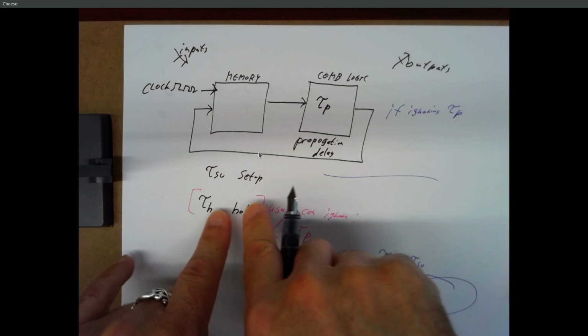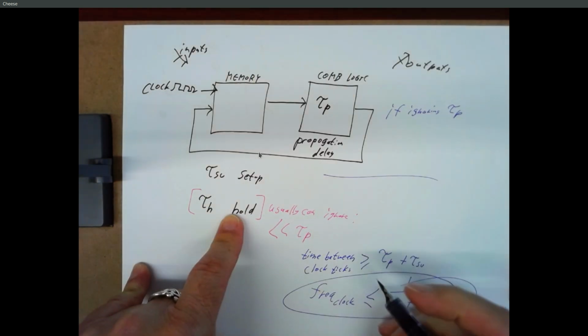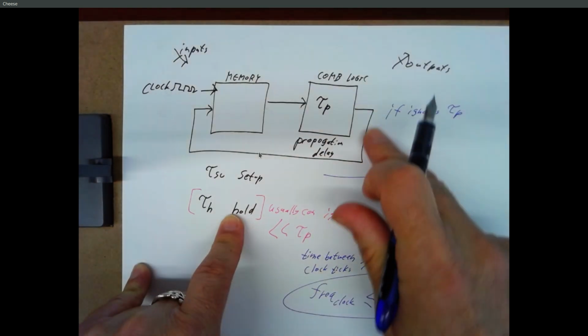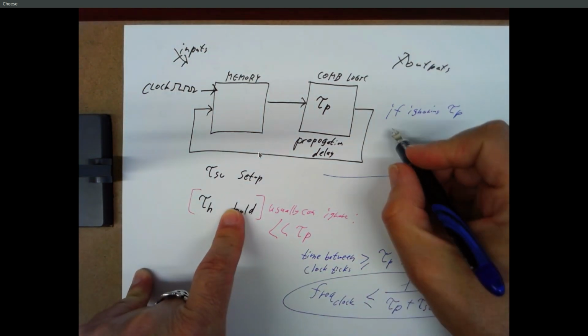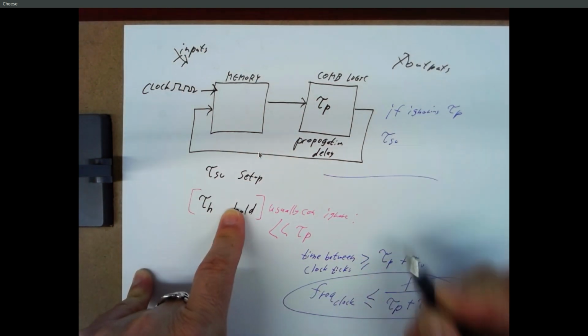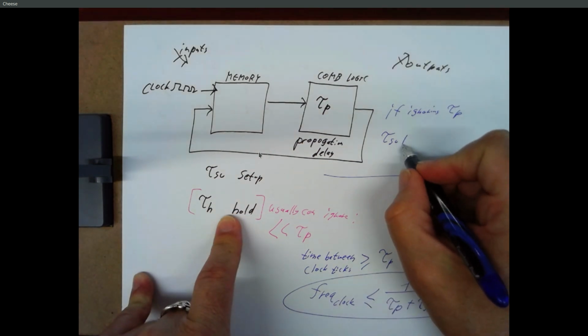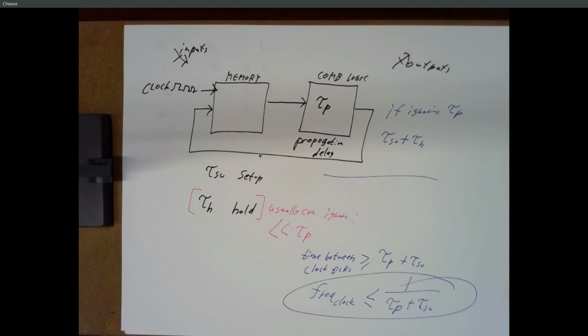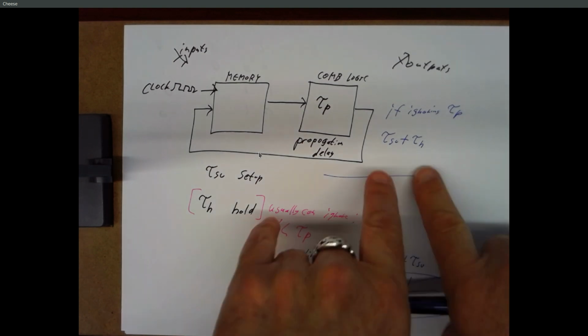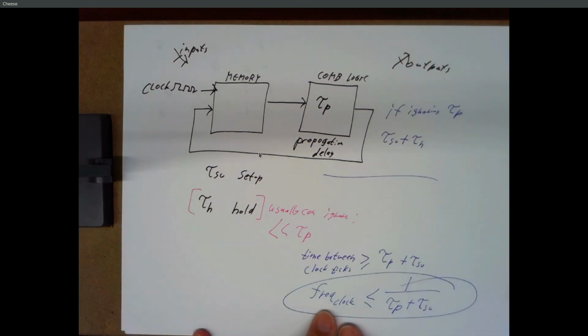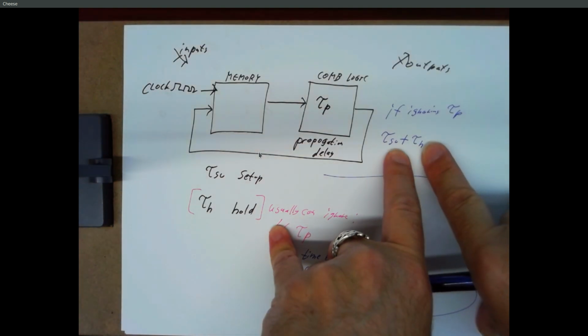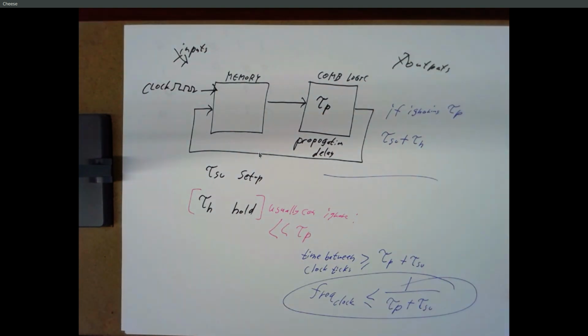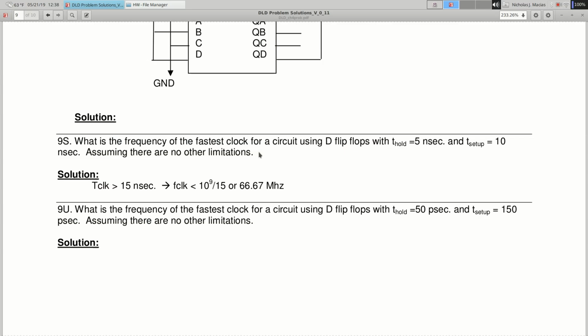If we're not looking at that, we have two clock ticks. We have to leave those inputs stable for the setup time, and we also have to keep them stable for the hold time. So the time between clock ticks has to be at least this, and the frequency has to be less than 1 over that.